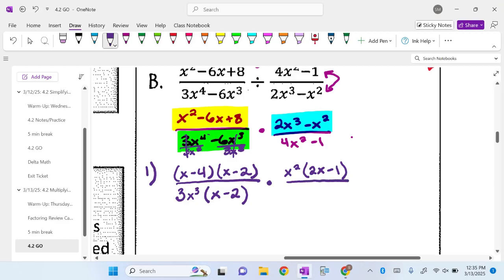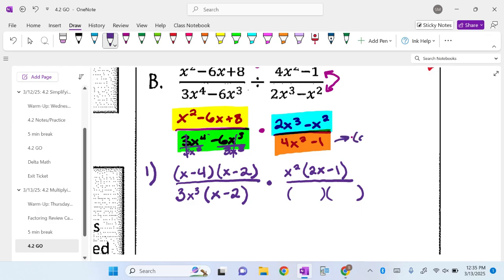And then finally, our last part that we need to factor is the 4x squared minus 1. What type of binomial is that? What do you notice? It's a difference of squares, because 4x squared is a perfect square and 1 is a perfect square. So how do I factor a difference of squares? A plus b, a minus b.